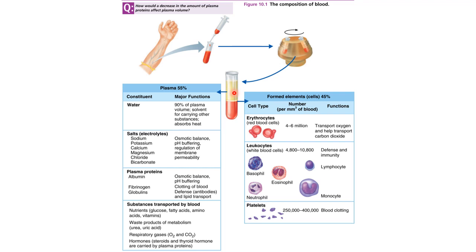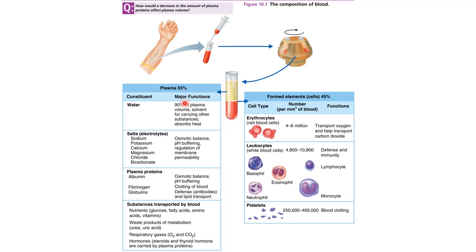So, anong ibig sabihin nun? Kung kukuha tayo ng 100 ml ng blood at sinentrifuge natin, 55 ml of that would be made up of plasma. And 45 ml of that 100 ml of blood will be made up of formed elements, otherwise known as cells.